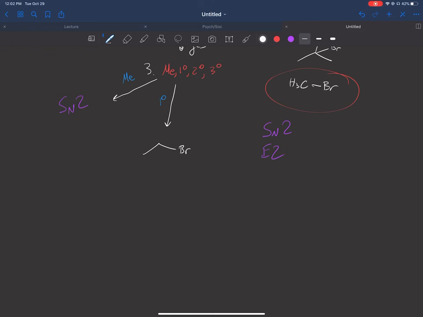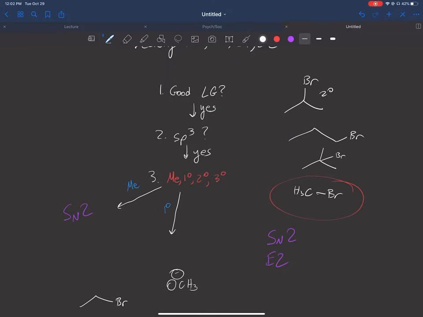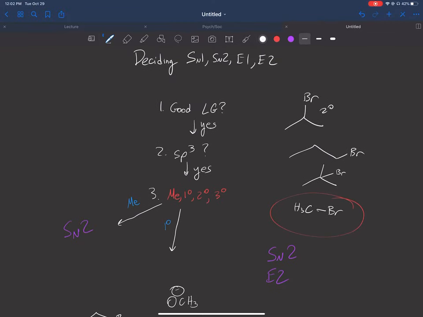Now, how exactly is this going to help us? Well, let's look at this primary right here. I'm going to react it with OCH3 minus. All right, thinking back to the last video, we know OCH3 minus is a good nucleophile, but it's also a good base. Substitution reactions prefer nucleophiles.